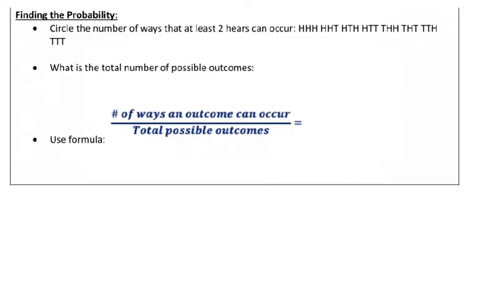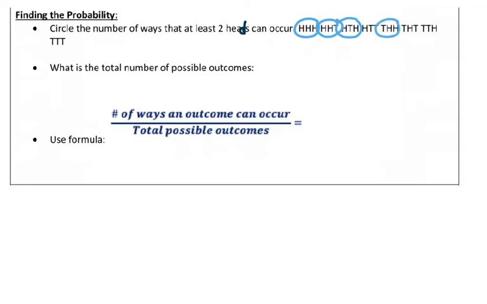So for example, look at this one. Circle the number of ways that at least 2 heads can occur. At least 2 means you could have 2 heads or you could have 3 heads. So we're just going to circle all those possibilities. So at least 2. That one would work. This one would work. This one would work. And this one.